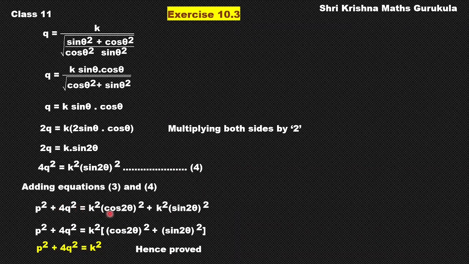Then substitute for p and square it, plus you write 4 and substitute for q and square it again. Then simplify. This simplification you could have done here if you had just considered the LHS and then squared it. It's the same thing. Either you simplify here, or without simplifying you substitute and then simplify. Both are same. Is it clear?